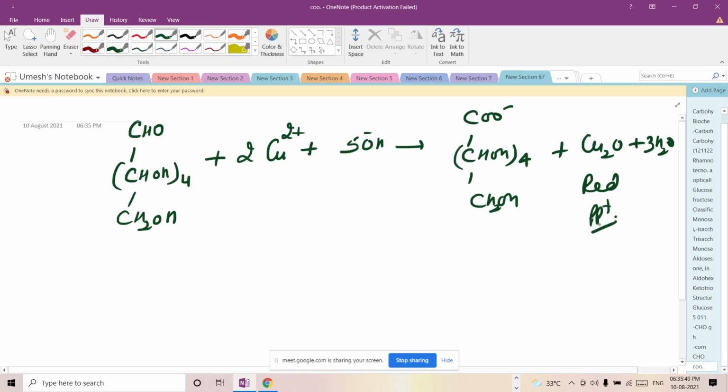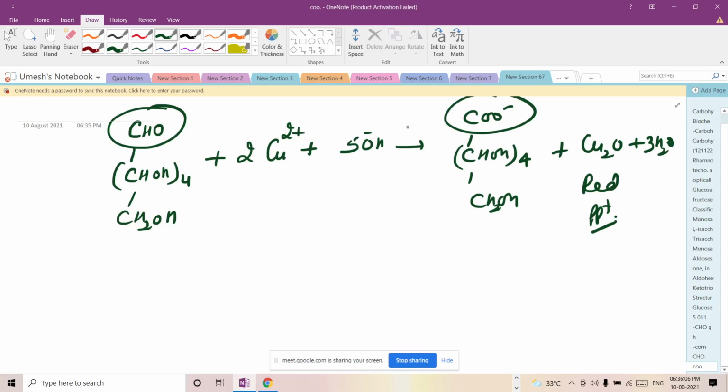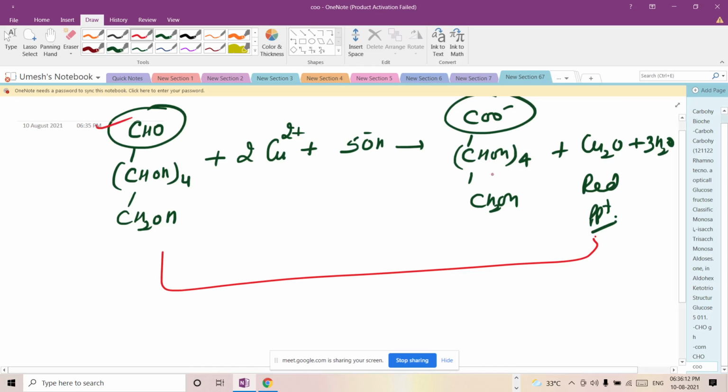And it clearly indicates that this aldehyde group is converted into carboxylic acid. Clearly indicates that it is a carbohydrate with an aldehyde group, right? Red precipitate is formed.